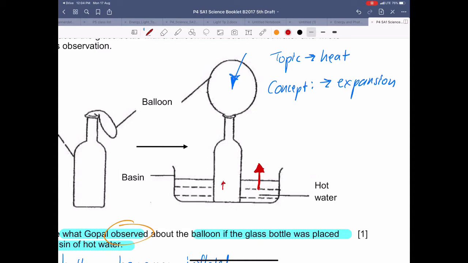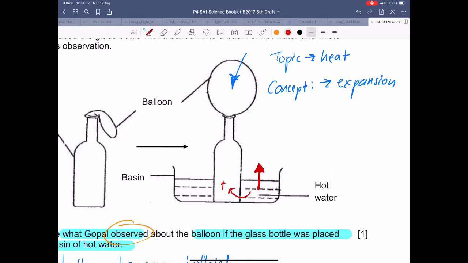So your air is actually the lower temperature, but heat is being transferred this way. Now I know that you say that, oh, but Mr. Chong, the bottle is the one that is in direct contact with the hot water. Yes, I agree with you. So the most correct one should be, okay, the glass bottle gains heat from the hot water, and then heat is transferred to the air in the bottle.